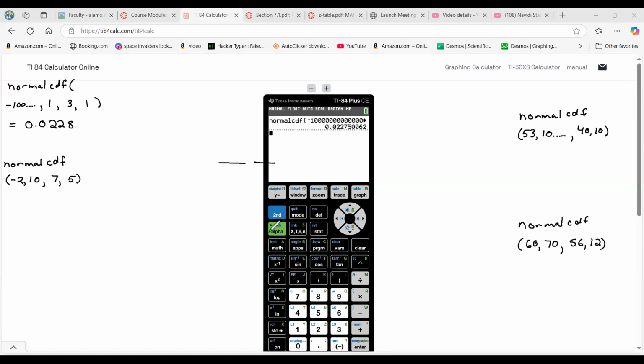So for this one here, we're going to go second bars, go with our second one again. This time, my lower bound was the -2. The upper bound in the area is 10. The mean is 7. The standard deviation is 5.